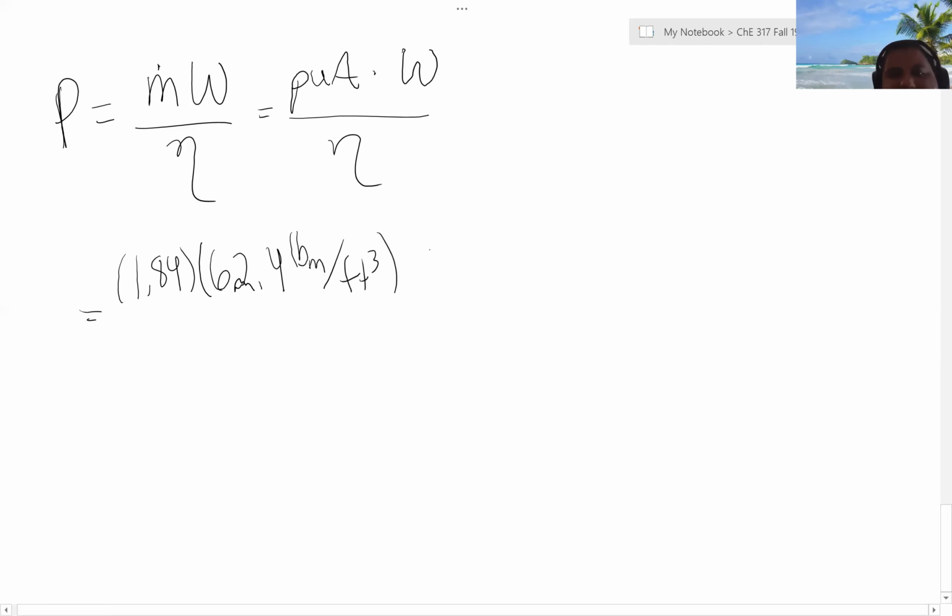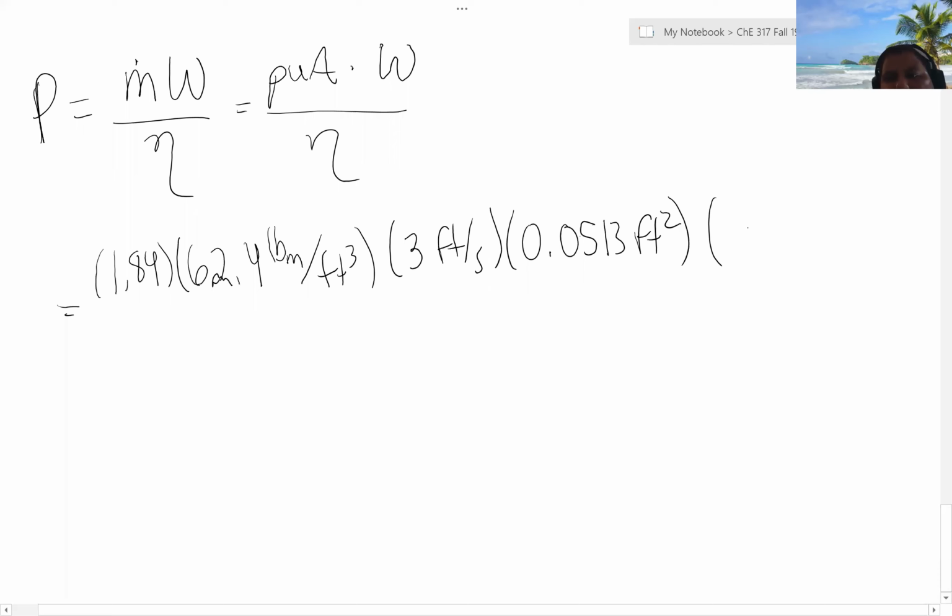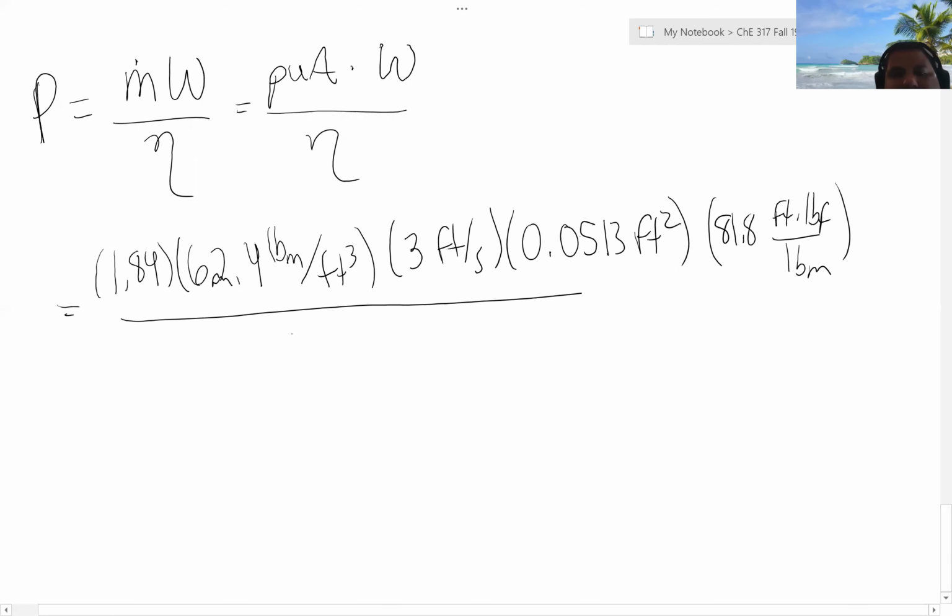Our velocity, I'm just going to use the 3 feet per second times its area, 0.0513 feet squared. The work we've identified was 81.8 foot-pound force per pound mass divided by the efficiency, which was 60% or 0.6.